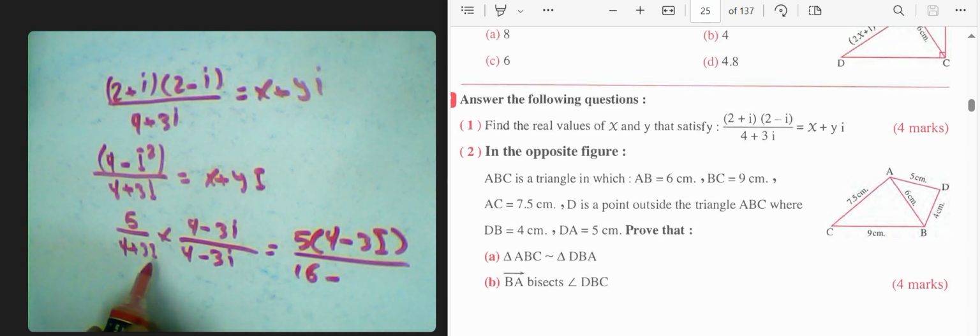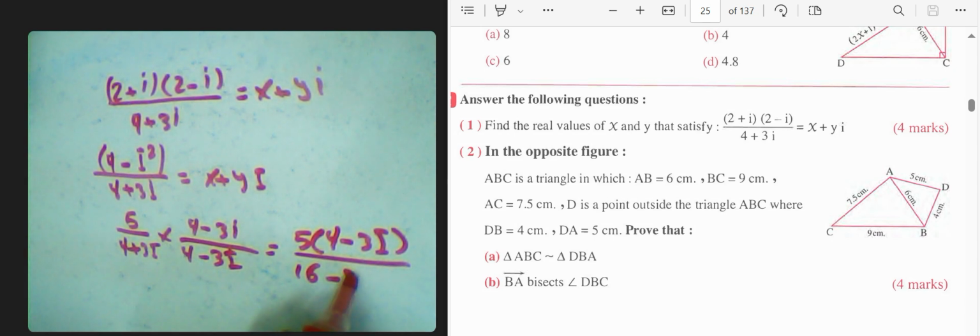And we have here 3i, and here negative 3i, negative times positive gives negative, and 3 times 3 is 9, and i times i will be i power 2. We know i power 2 is negative 1.